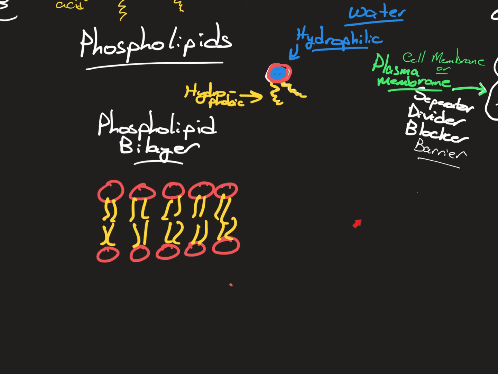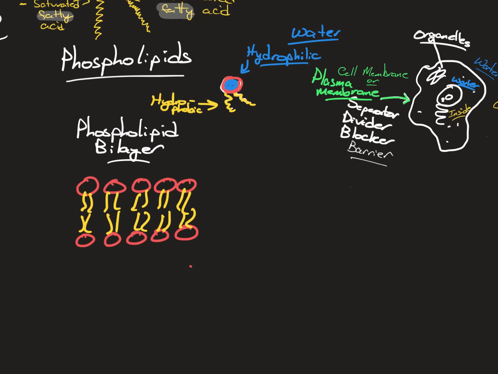So this divider, this separator, this plasma membrane, this cell membrane, a lot of the membranes that create compartments are going to be 2 layers. 1 layer of phospholipids here, 1 layer here, allowing the tails to mix, allowing water to be on the outside and water to be on the inside of what you're creating. Does that make sense to everybody?